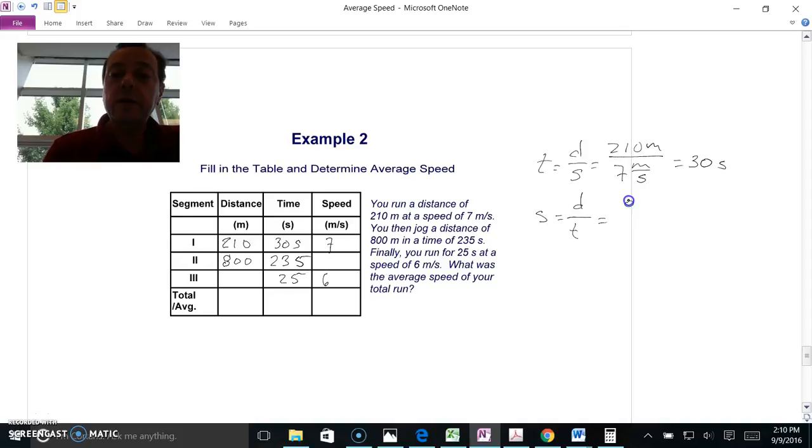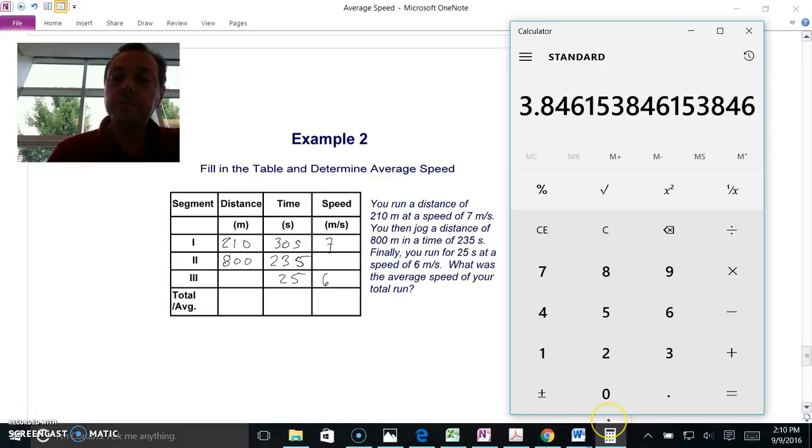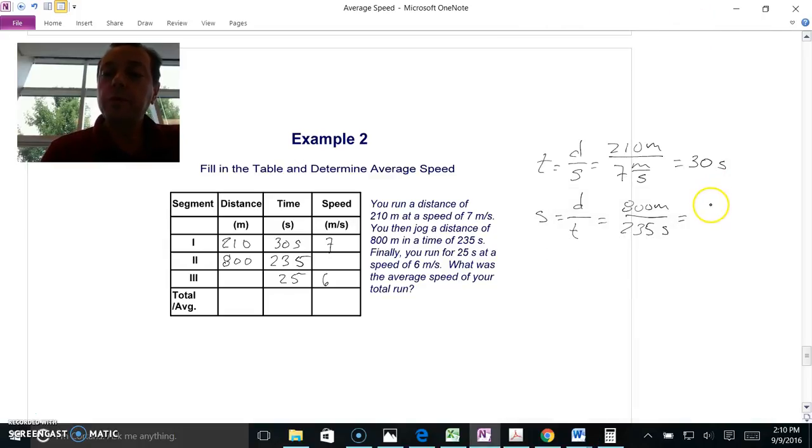So that's going to be 800 meters over 235 seconds, which is about 3.4 meters per second.